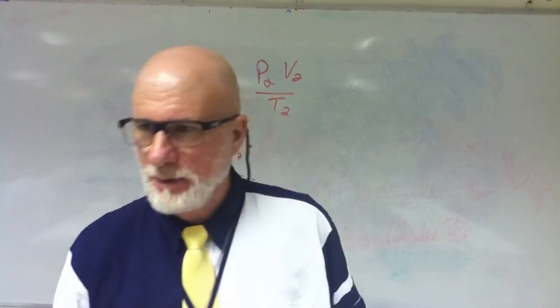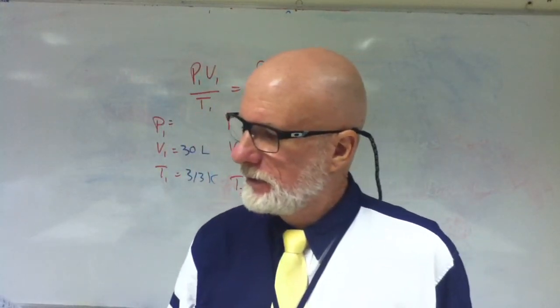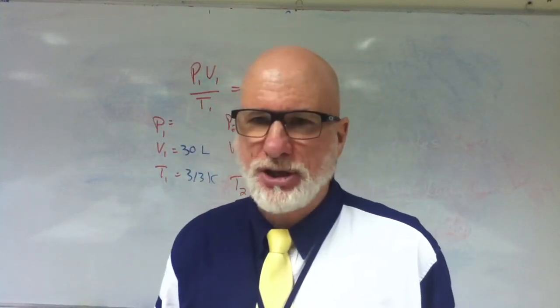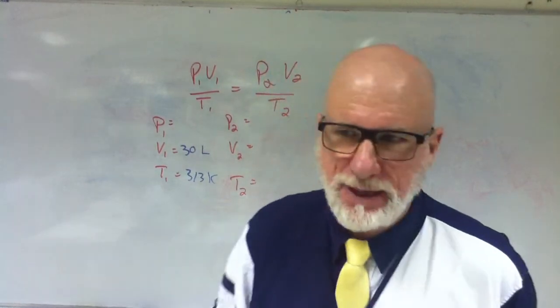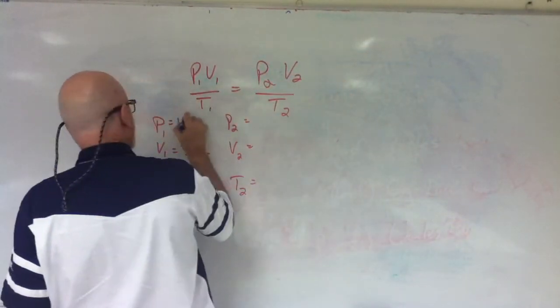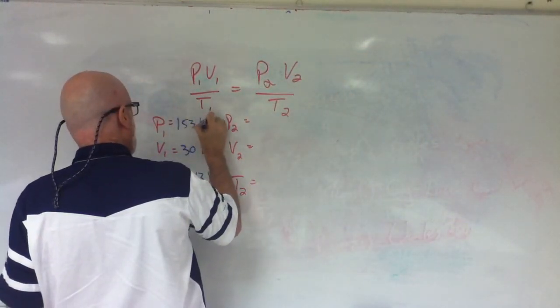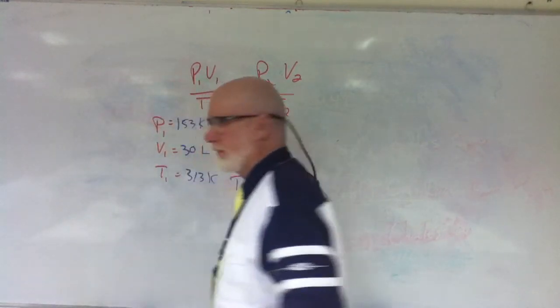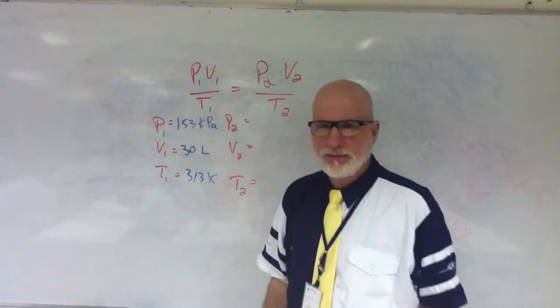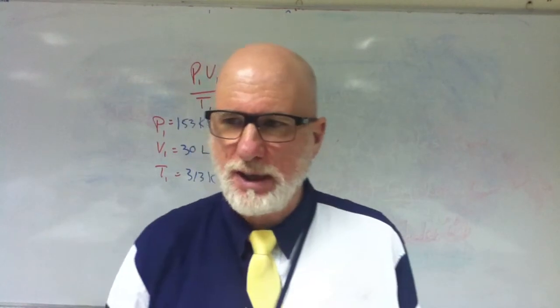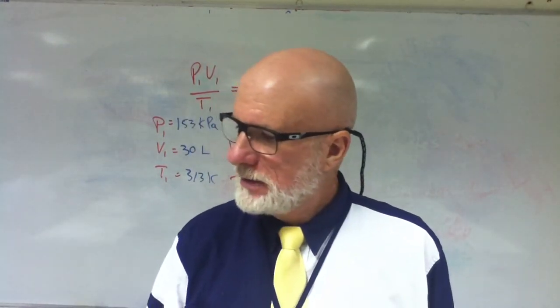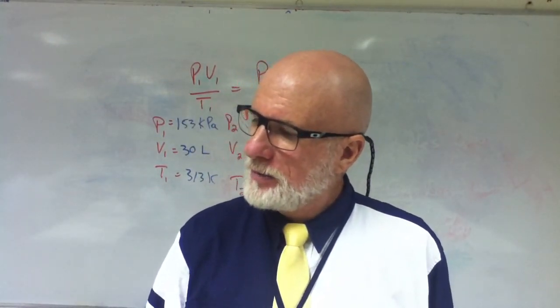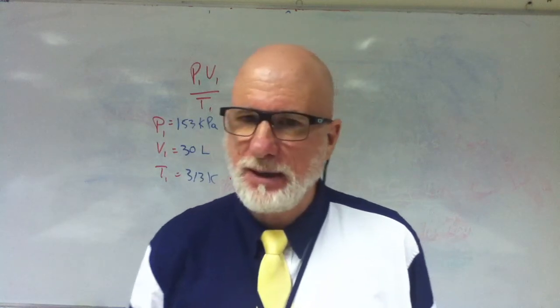There's a gas, and a pressure of 153 kPa. Those are the initial conditions. Whatever's given first, we're going to call initial. And then it says, what would be the volume at STP?